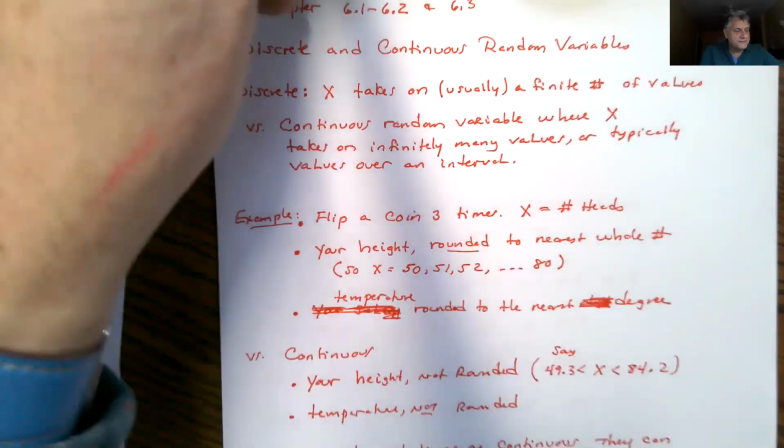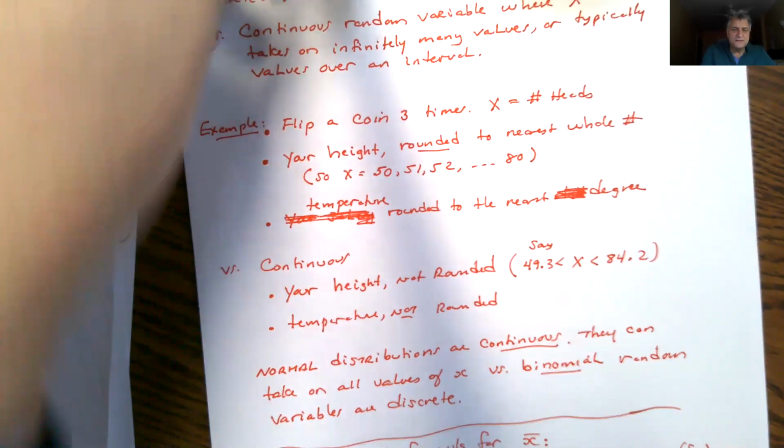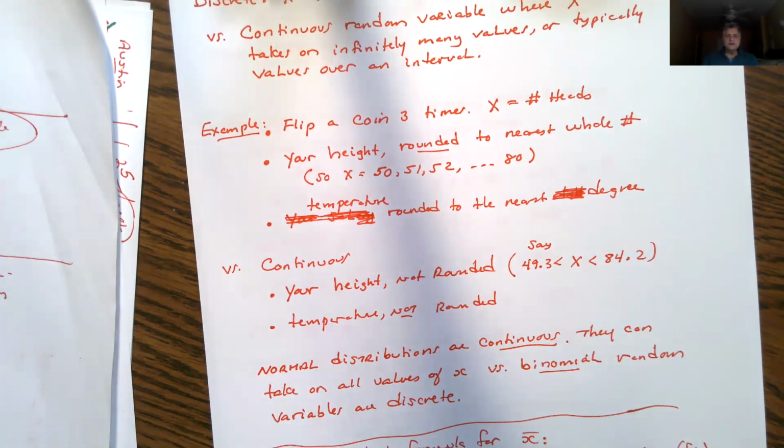Okay, some examples we saw of continuous functions are normal distributions, versus when we looked at binomial distributions, say you flip a coin, as we set up here, 3 times, that'd be X is the number of heads. That's a binomial distribution. When we did that, we had a bar chart for it.